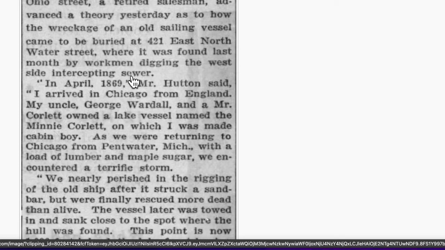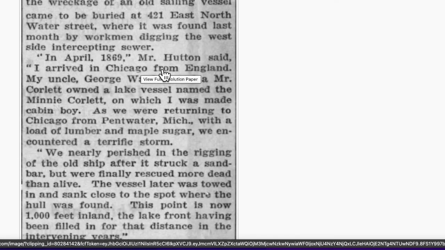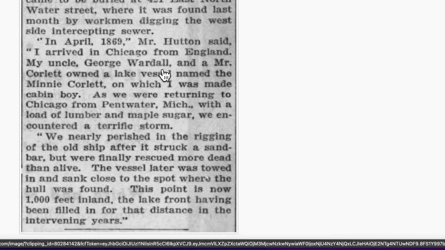It was found by workmen digging the West Side sewer. So obviously it was underground. And so Mr. Hutton filled in the information about why they would find parts of a vessel buried under the ground in downtown Chicago. And the story is, as you can see, April 1869, he arrived in Chicago from England.